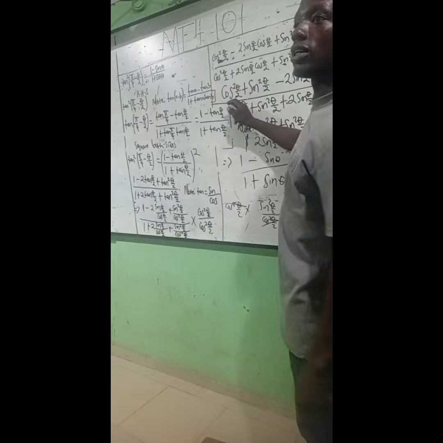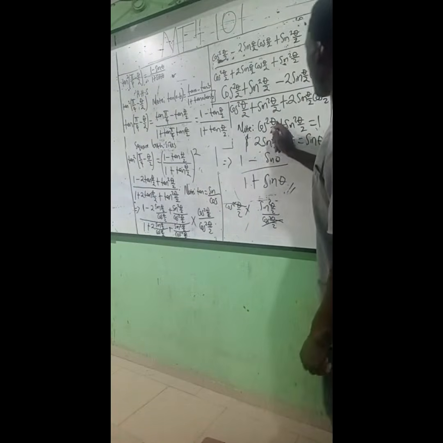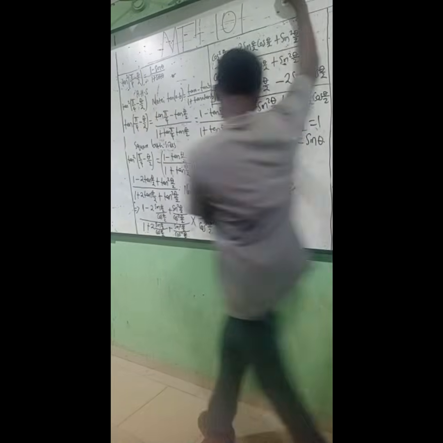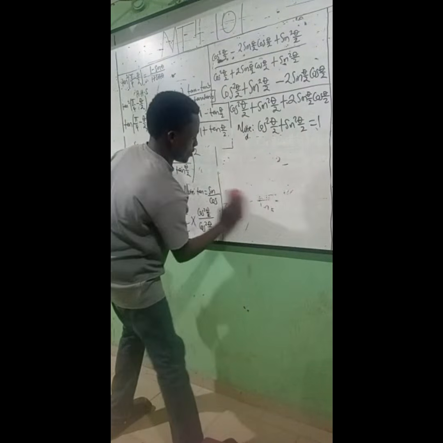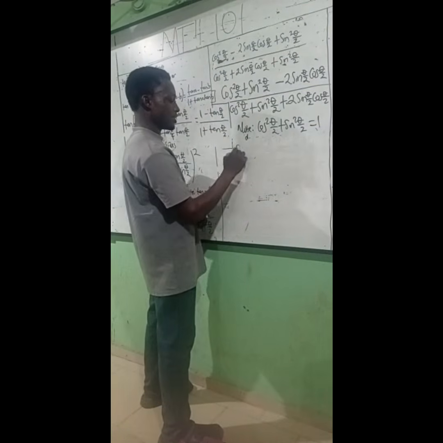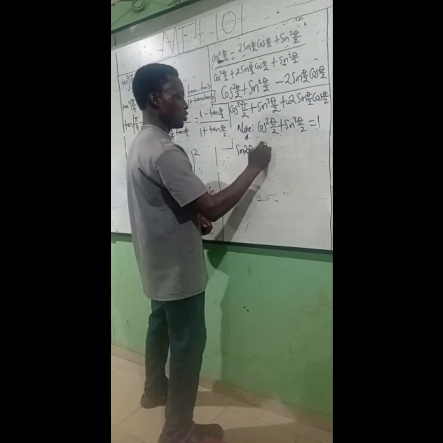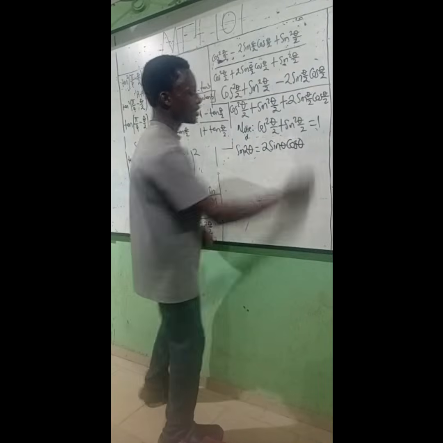Show this or this. Note cos square theta, this one is easy. You know, sine 2 theta equals what? 2 sine theta cos theta, right?